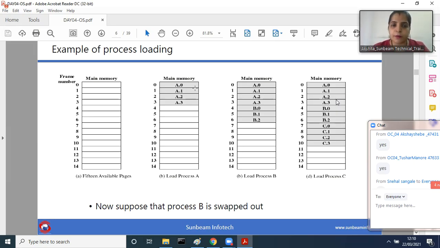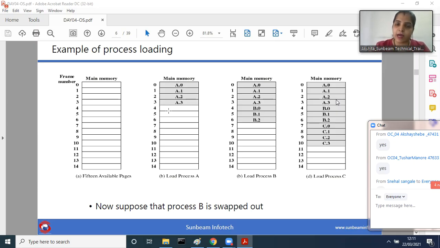Process A is saying, I need 4 pages. So based on the allocation, my operating system will allocate 4 pages to process A. So process A is allocated 0, 1, 2, and 3.